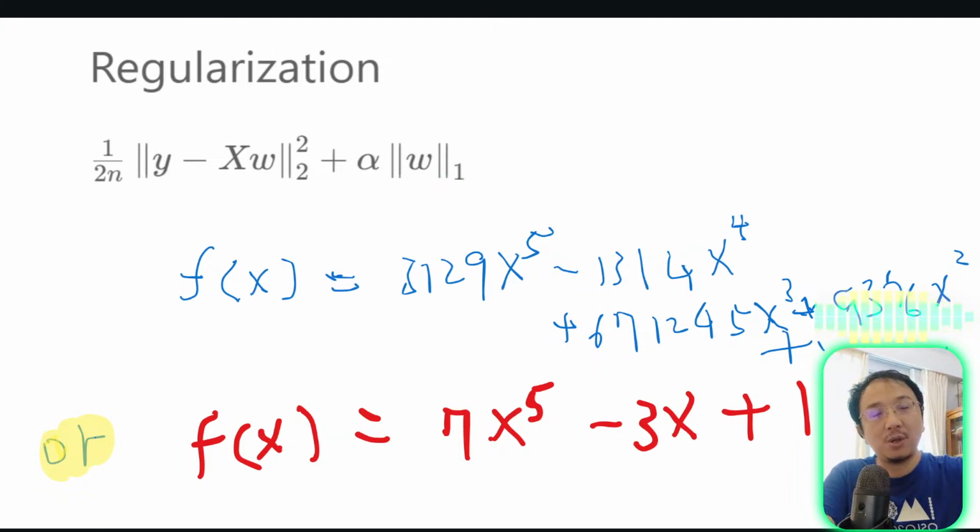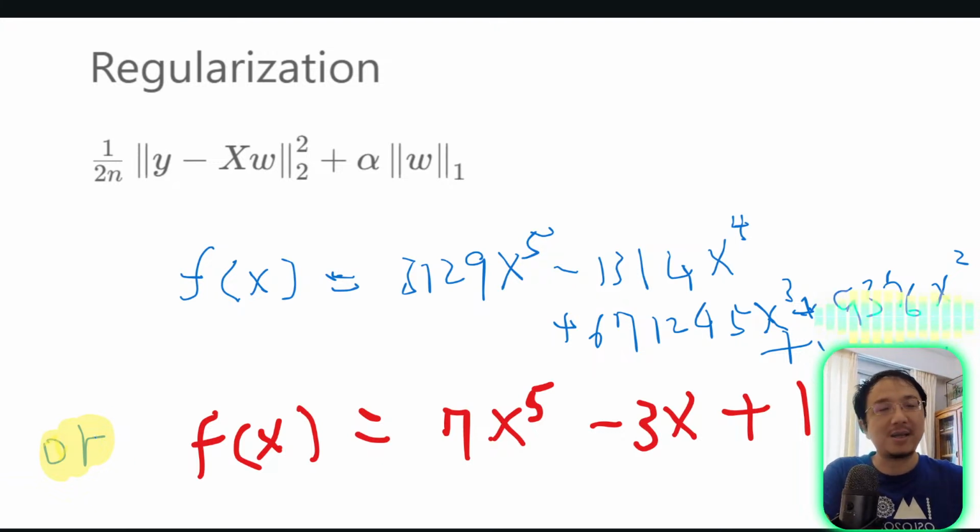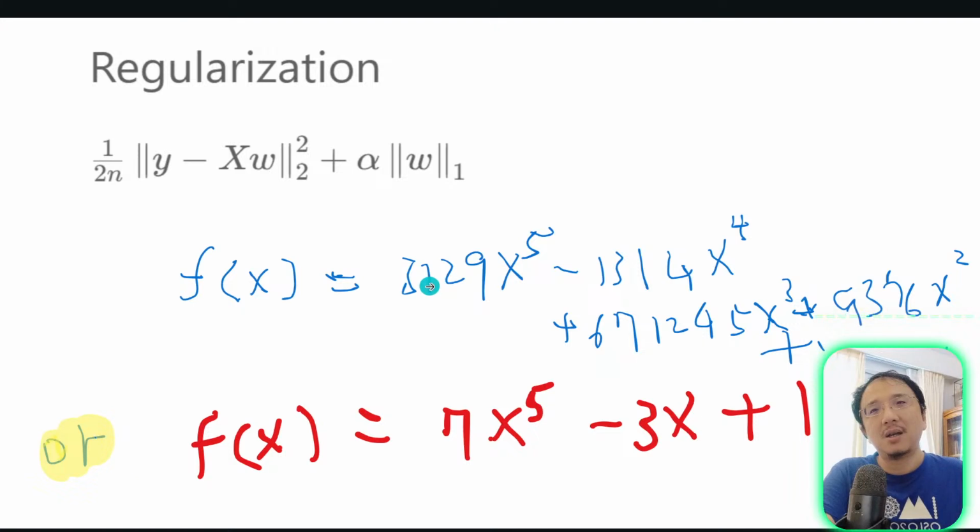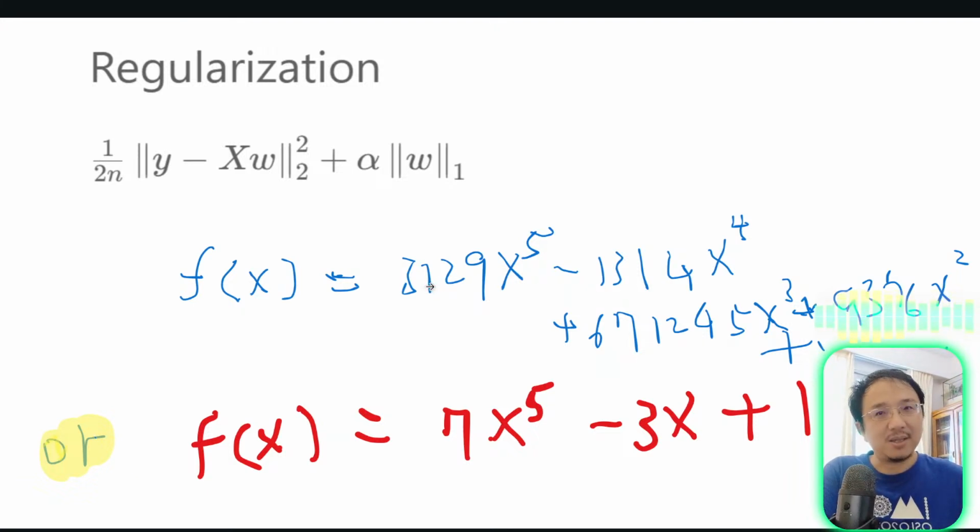Sometimes we use the L2 norm instead of L1. But the L1 norm is just the taxi cab distance. That is another kind of distance, but it is a distance if you consider a vector. So this sort of regularization attempts to get rid of the case of the first one.